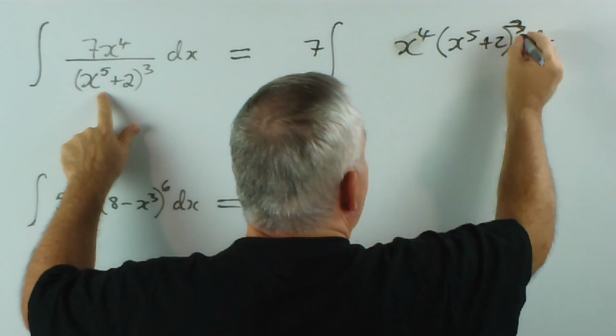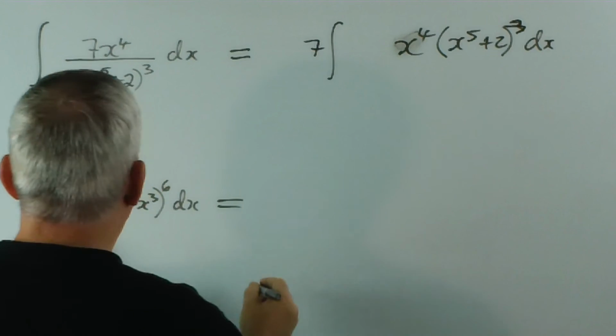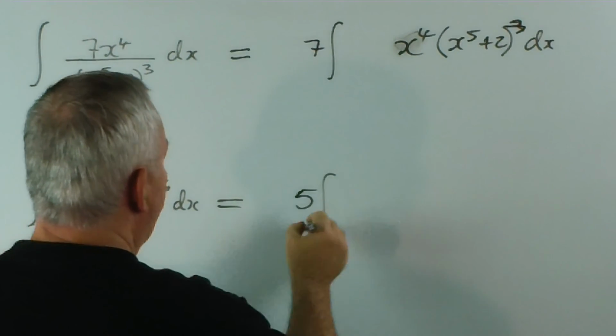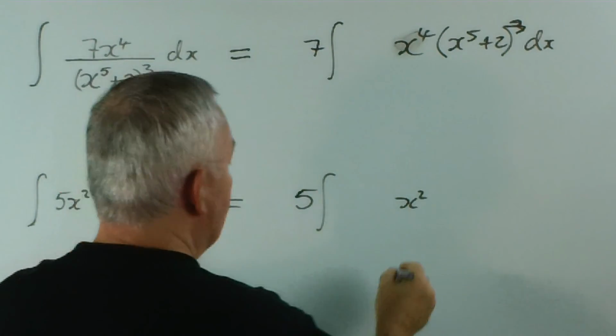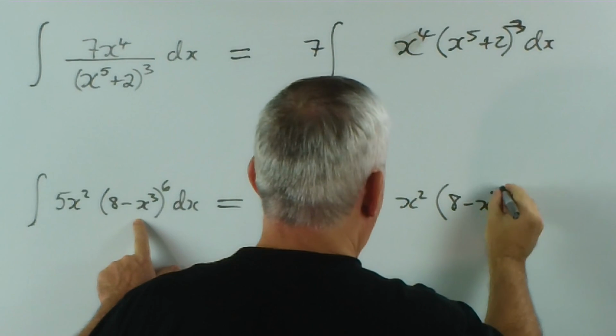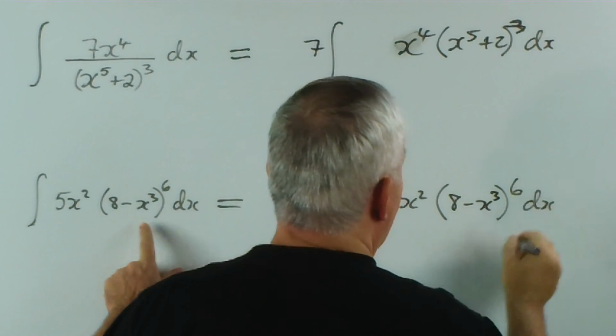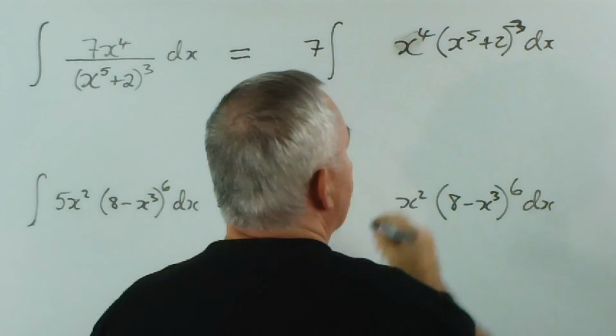I don't know what's wrong with me today, I'm not writing accurately. This one, I'm going to move the 5 out the front, and I'm going to leave the x squared. This one's already in the right format, 8 minus x cubed to the power 6 dx. Just a little bit of a gap so you can separate the minus sign.